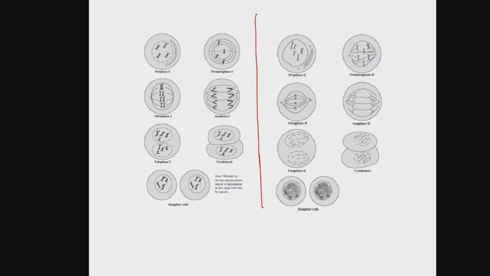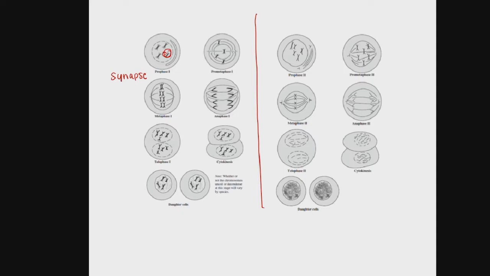Prophase 1 is similar to the prophase in mitosis, where it is getting ready for cell division. You're going to see the duplication of chromosomes. The only difference is that in meiosis, something called synapsis occurs, which is crossing over.